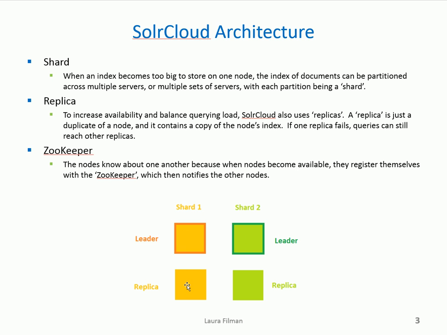So let's determine that the document belongs on shard 2, so the replica sends it to shard 2, and then this leader writes that document to the index and then sends notification updates to all the replicas that are in that shard.